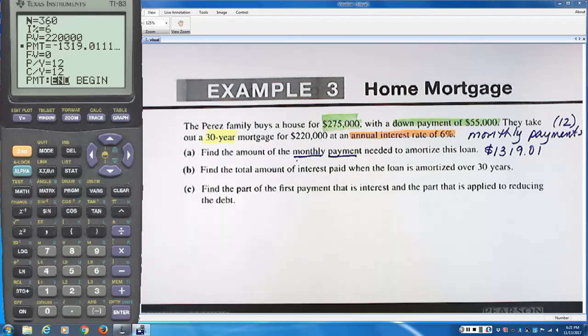And that one shouldn't be too hard to figure out, because they're gonna make 360 payments times that amount for each payment. Now that's the total amount they're gonna pay for their house.